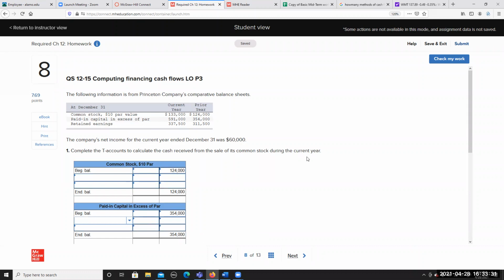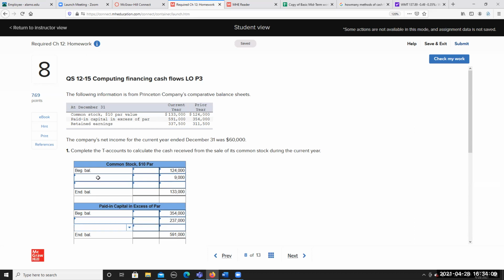To calculate the cash received from the sale of common stock, the ending balance here is 133. So this would have to be a $9,000 credit. But then this ends up at $591, so this had to go up by 237.